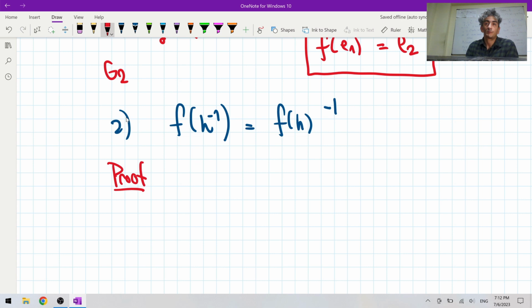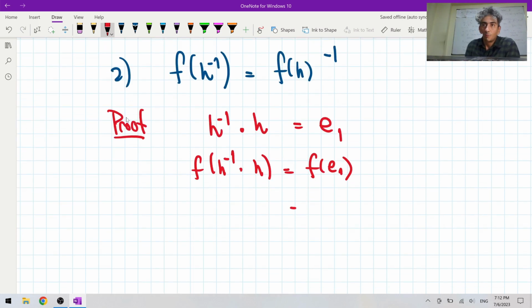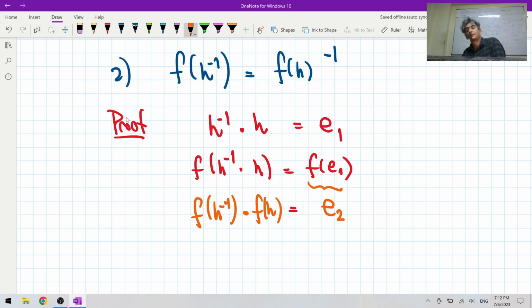Since the inverse of h times h is the neutral element of G1, applying f on both sides gives f of E1. We have shown that this needs to be the neutral element of G2, and since f is a morphism, f applied to the inverse of h times f of h gives this.